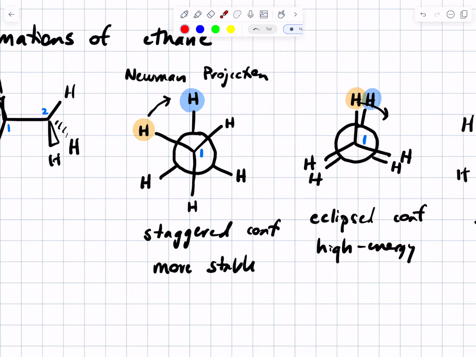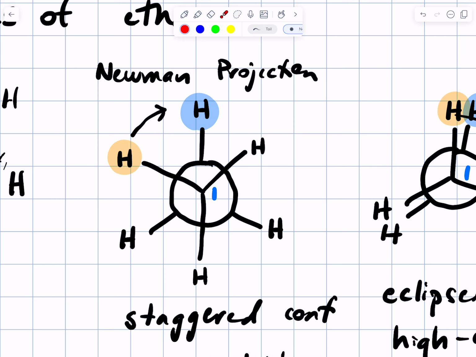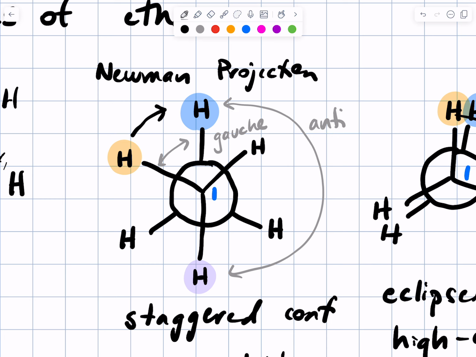Couple of terms that we will talk about. In a staggered conformation, protons that are adjacent to each other are said to be gauche to each other. Protons that are opposite each other, one on the front and one in the back, are said to be anti to each other.